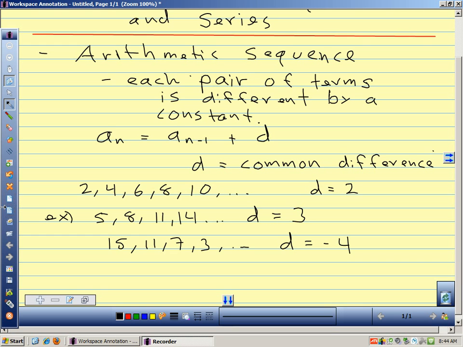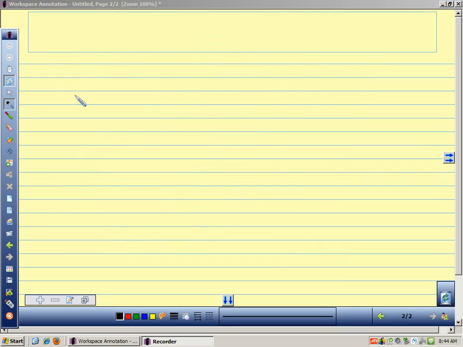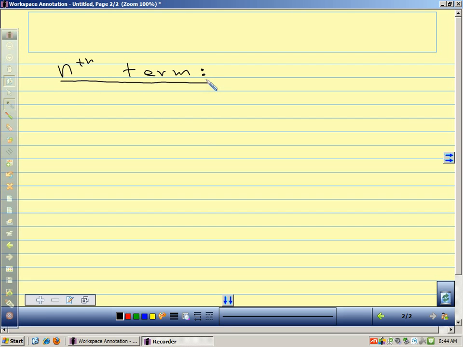So we want to figure out a formula for the nth term. We're going to write our first term. We're going to say a sub 1 is our first term.